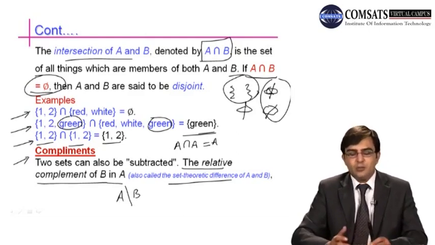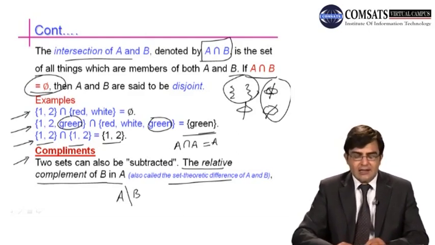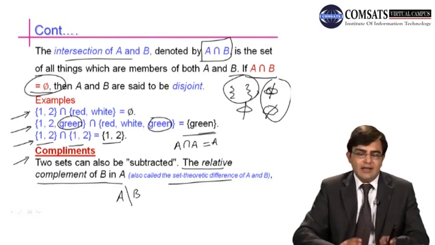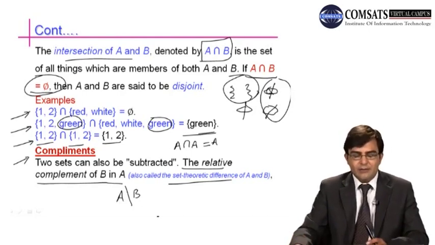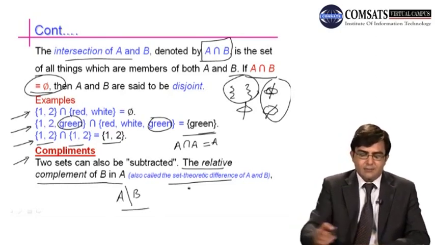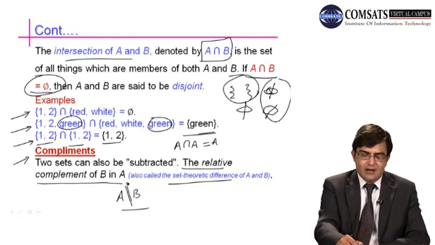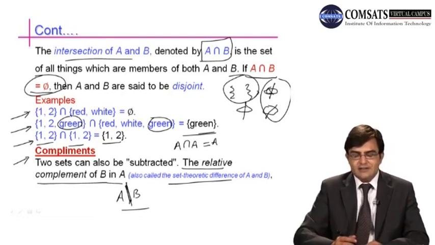This is not the usual complement which you have studied in earlier classes with respect to the universal set. This is basically the difference of two sets, or we subtract one set from another set, the relative complement of B in A. This bar is used to denote the difference.